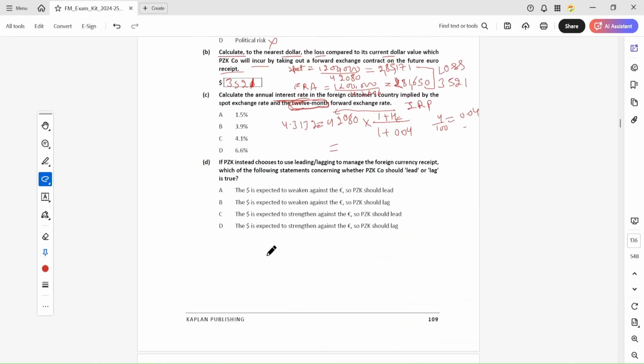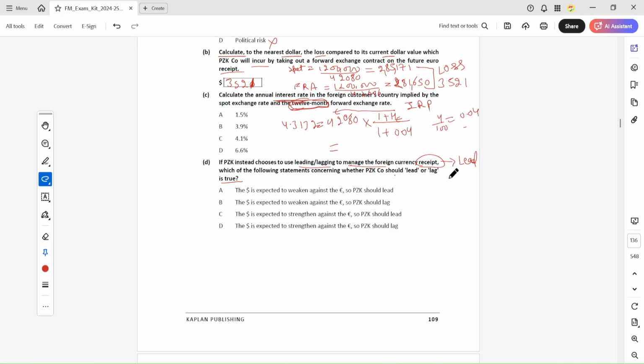Okay, next is, if PZK instead chooses to use leading and lagging to manage foreign currency receipt, which of the following statements about whether PZK should lead or lag is true? In case of receipt, we can only lead.